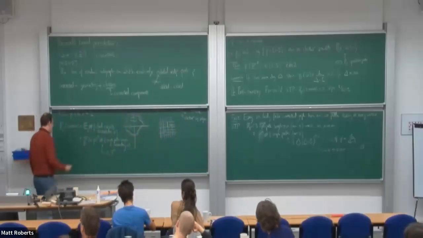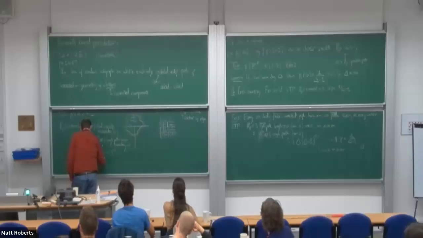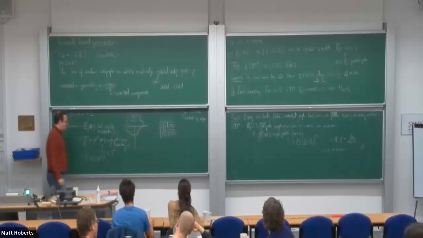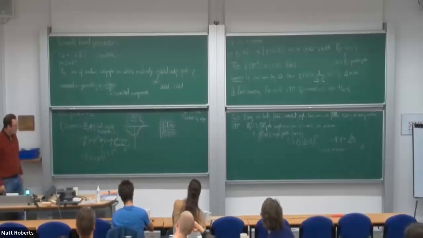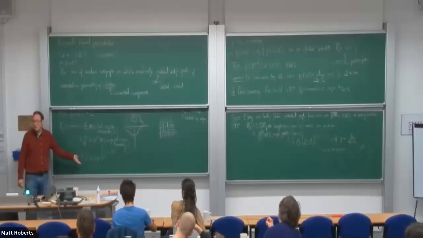Okay, so putting this together, I get this sum. And what you can see is that if p is close enough to 1, then this converges. And in fact, if p is really close to 1, then it's arbitrarily small.